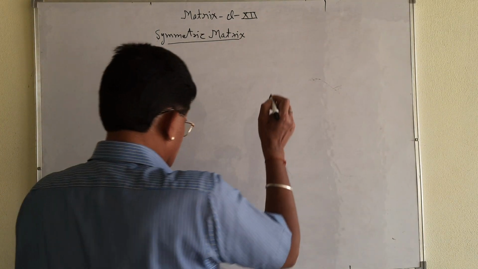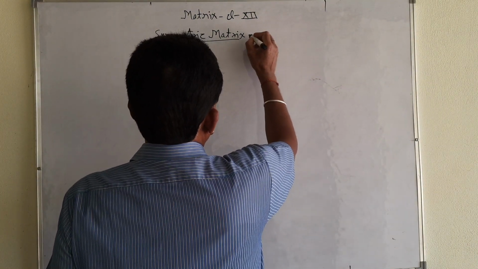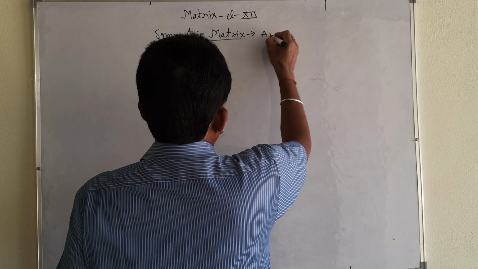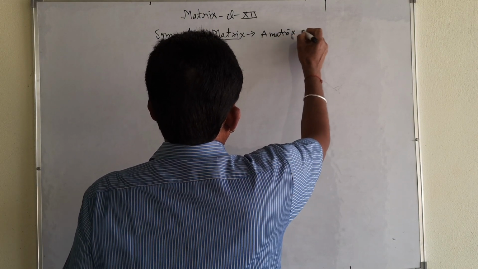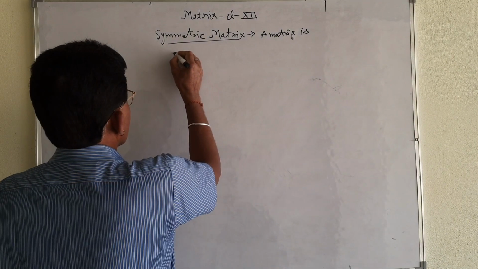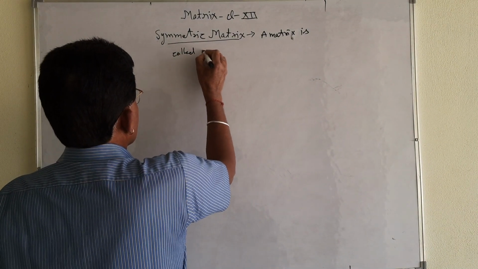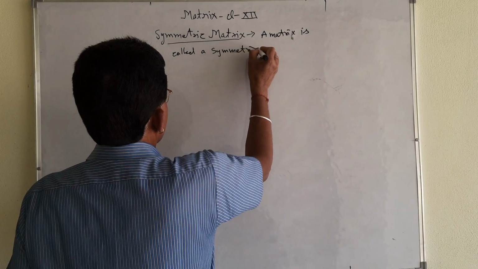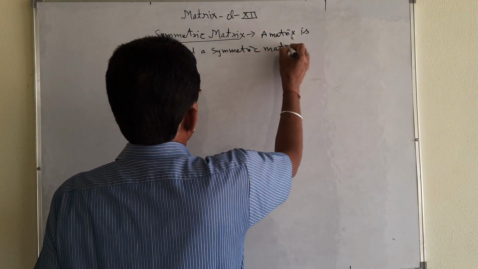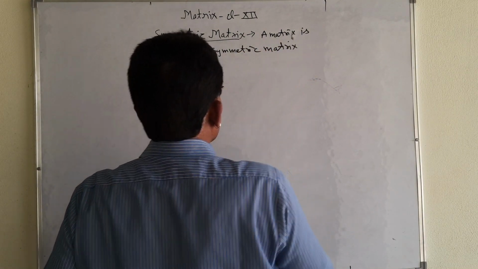Let me take a matrix. A matrix is called a symmetric matrix. But what kind of matrix?